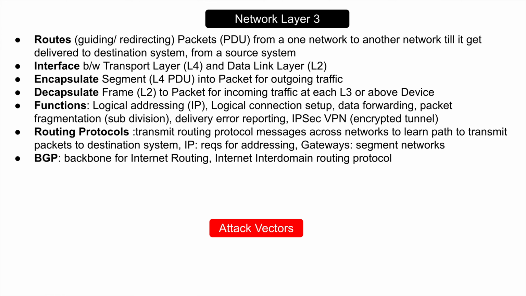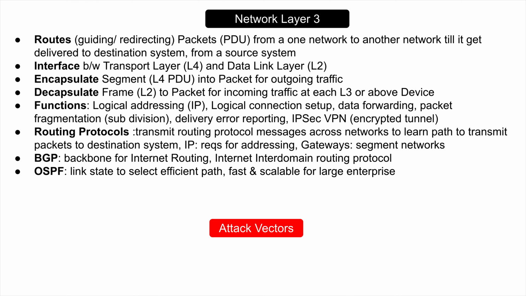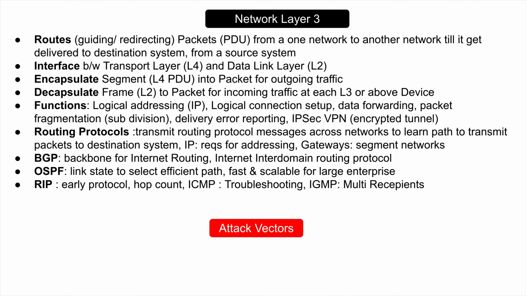There are certain routing protocols, for example Border Gateway Protocol, which is the backbone of internet routing and is an internet interdomain routing protocol. Then there is Open Shortest Path First, a link state protocol that selects the most efficient path for routing traffic from source to destination, and it is fast and scalable for large enterprise networks.